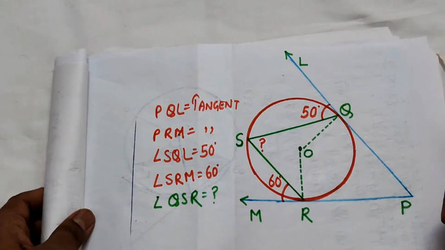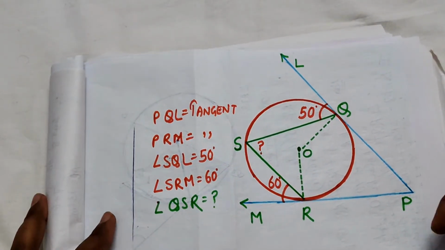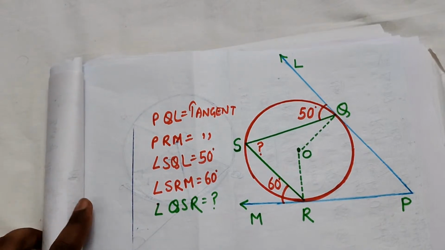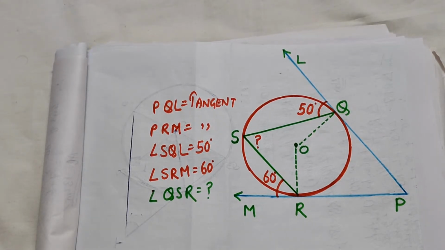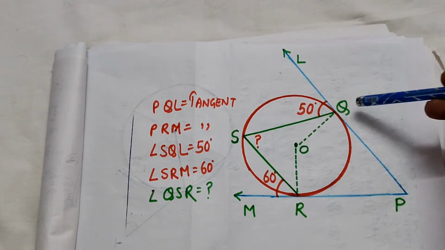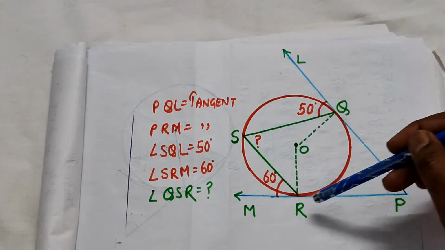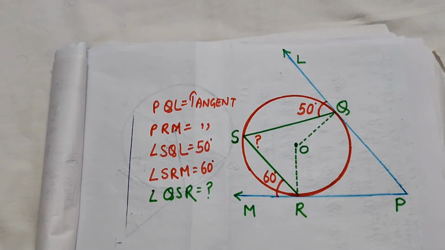whose diagram is shown like this. Okay, so I've just explained the question in this diagram, that PQL and PRM are two tangents, right?